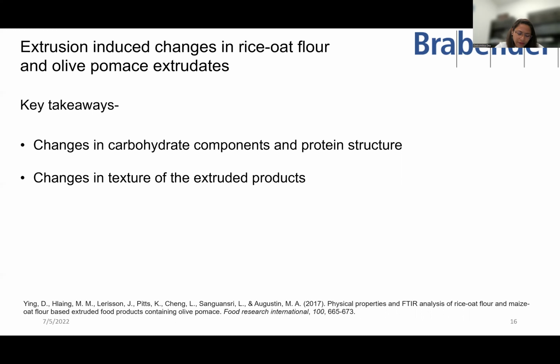So overall, what I would like to mention here is that we can definitely see process-induced changes, which is very obvious because there is some breakdown happening with the molecules in place. However, it's very difficult to pinpoint each and every specific little change.